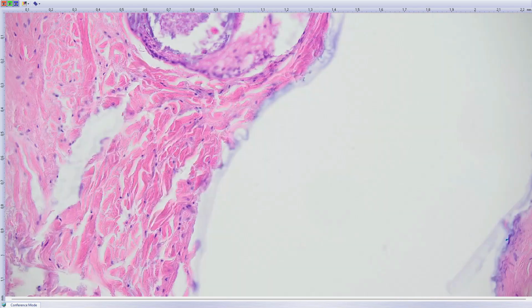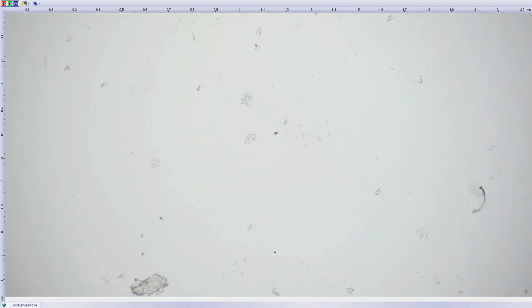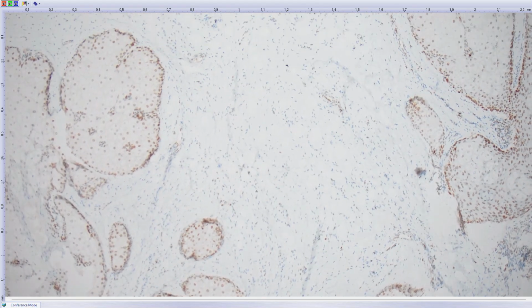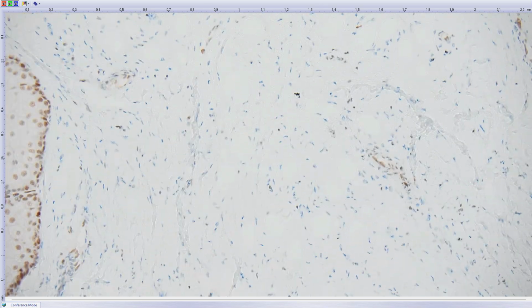And very importantly, this mesenchymal proliferation, you can see in the middle, has a loss of retinoblastoma protein, while the sebaceous glands are positive.